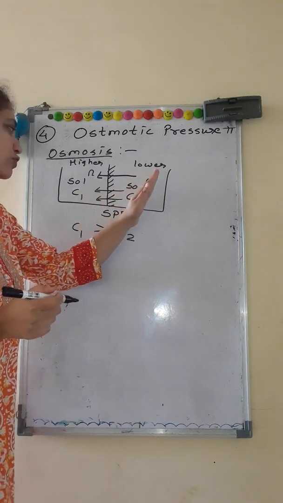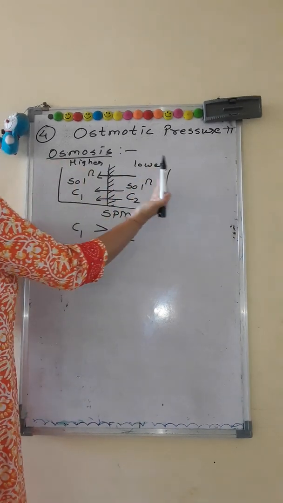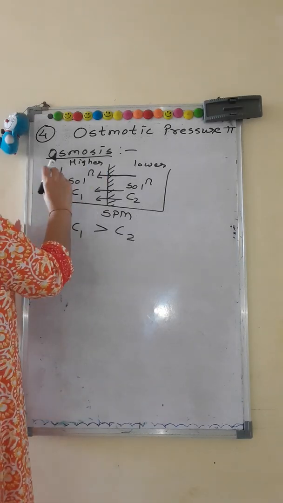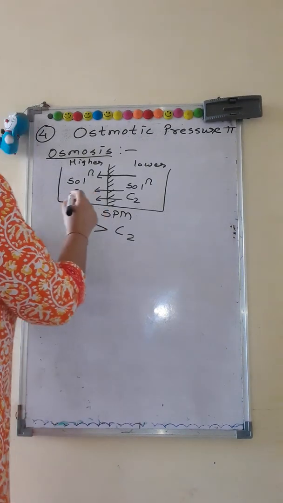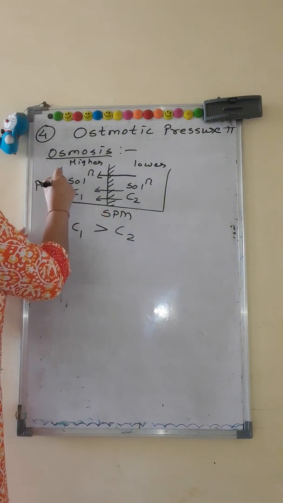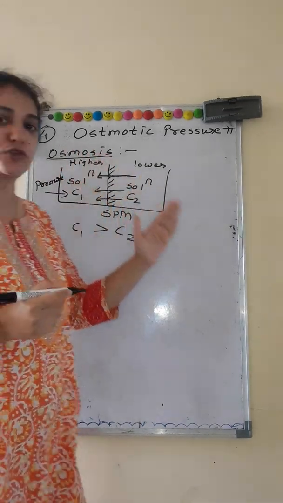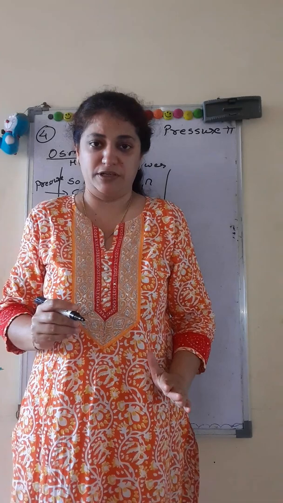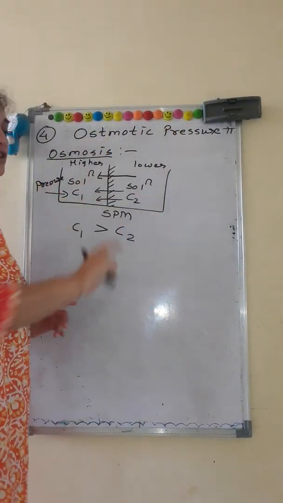Next is osmotic pressure. Now suppose you want to stop this flow. If you want to stop the flow of solvent molecules, or if you want to stop the process of osmosis, you have to apply pressure in this compartment. If you apply pressure, the flow of solvent can be stopped if the pressure is higher than the osmotic pressure.